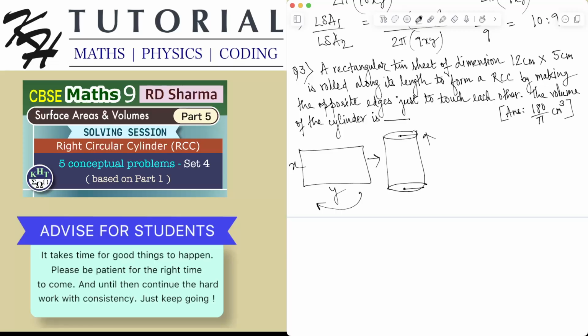So if a rectangular sheet is rolled along the length, which is y, then the RCC formed will have height x, and the radius r is such that 2 pi r must be equal to y, which means r will be y by 2 pi.